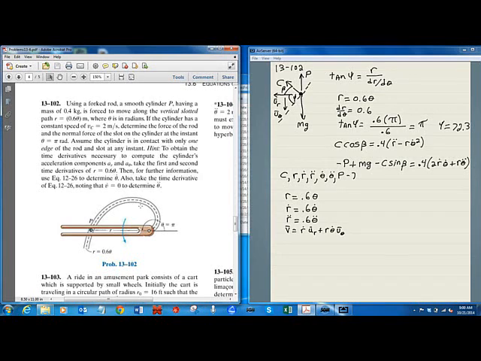Alright, so the speed then is going to be the square root of r dot squared plus r theta dot squared. And they tell me that that is equal to 2.